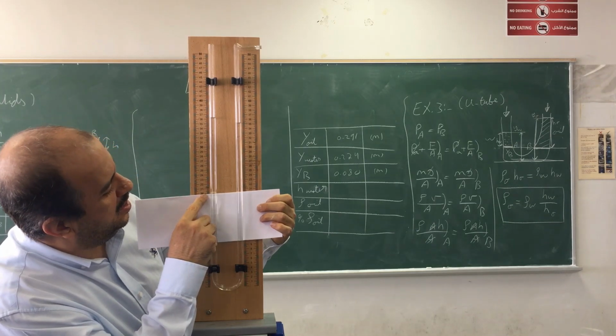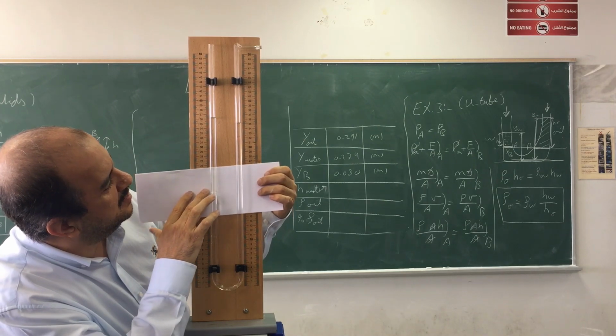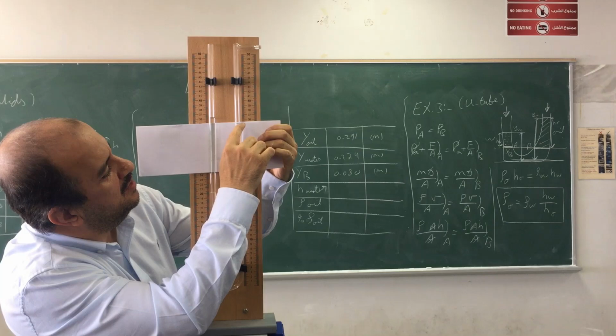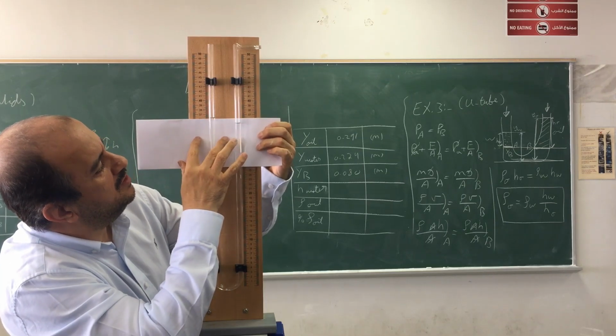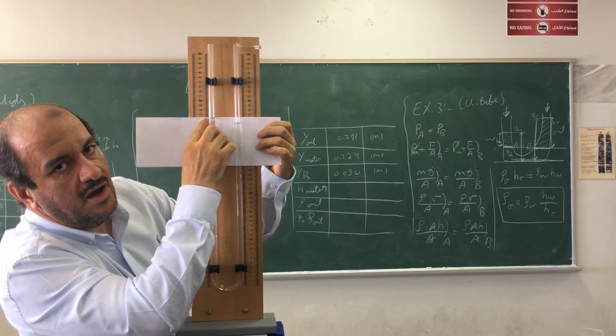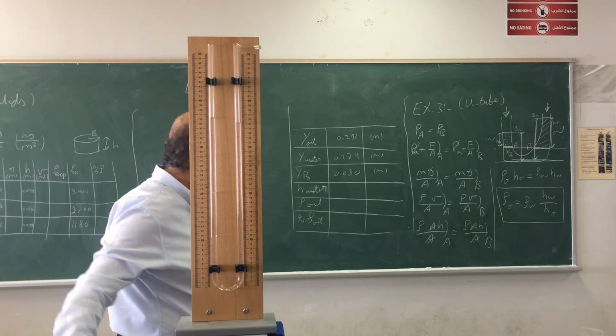It's about 0.08 centimeter if we take reference points, and we will take the reading from here. This is the Y of the water, and the reading from here will give us the Y of the oil. I put this value on the board there.